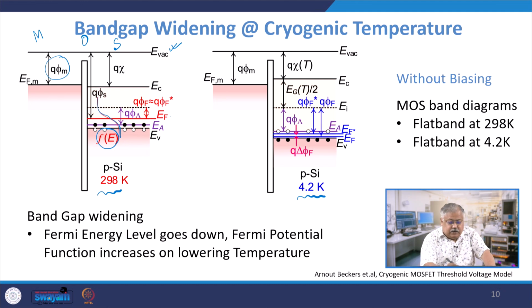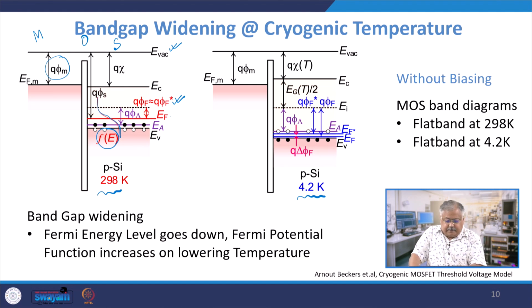That is the reason your Q phi f is approximately equal to Q phi f star, which means there is almost no change in the Fermi potential, and the Fermi level is very close to the valence band. 100% ionization has taken place, and we have not given any bias, so there is no band bending. This is known as the flat band condition, and I am maintaining that.